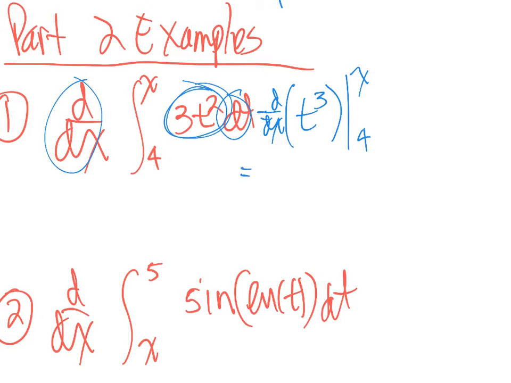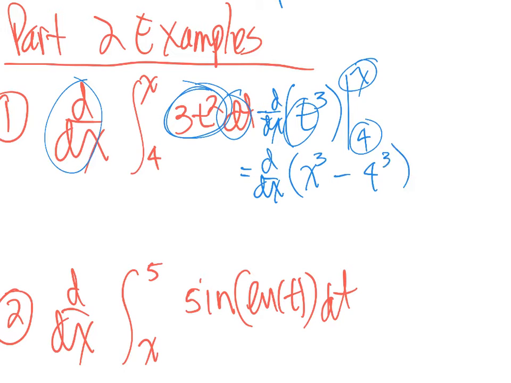So I end up with d by dx of x cubed, right? I'm replacing everywhere where there's a t with x. Then I subtract off this part. So it's going to be x cubed minus 4 cubed, which just equals, so the derivative of x cubed is 3x squared, and the derivative of 4 cubed is, that's a constant, it's just 0.